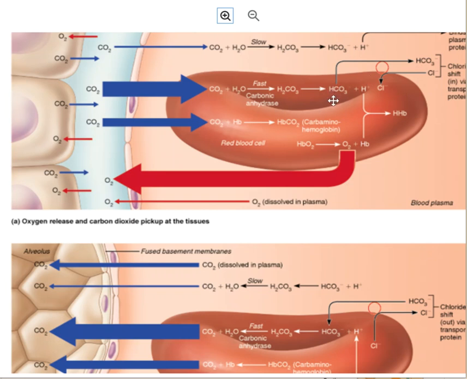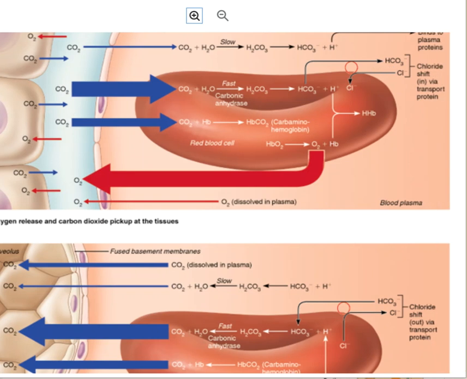But there is a problem here. When we have a negatively charged thing go across the membrane, we have an imbalance, and we need to bring in a charged particle to balance that out. So we bring in a chloride, and a chloride comes in while the bicarb goes out. This is called the chloride shift. So we get a lot of good things that happen here. We have carbon dioxide.